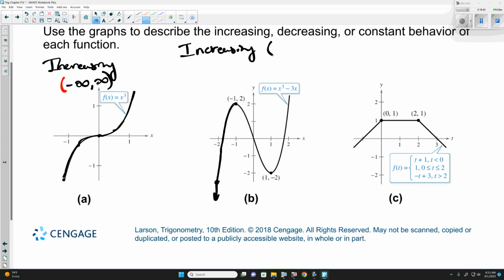So for the first part, the smallest value that we could possibly have, because we came from the left side of the graph, would be -infinity. And where did it stop increasing at? At (-1, 2), yes? But we only want the x value, which is -1. Now we can increase in more than one spot, just we're going left to right. So from -infinity to -1, it is increasing.